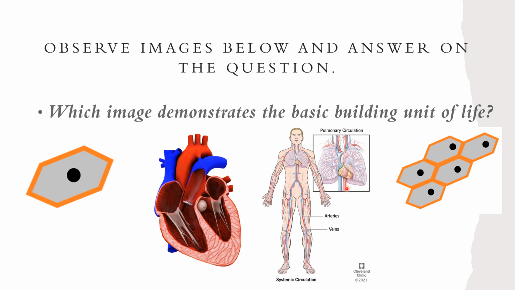So what do you think? We mentioned that the basic building unit of life must be the simplest form, which everything else is then made of. So which of these will be the simplest form? So definitely it will be this one, because this one is representing a cell. This is like a nucleus inside. So the basic building unit of life is the cell.